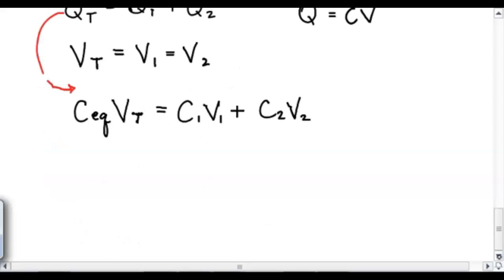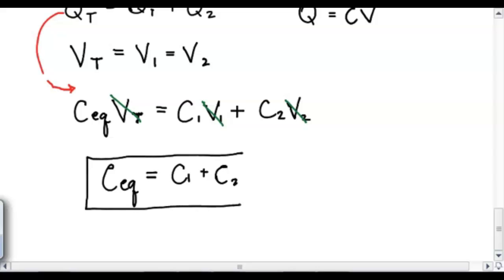And mathematically, what can happen in that equation? Yeah, I can divide by the voltages because they're all the same. So then I'm left with the equivalent capacitance is C1 plus C2. What does that look like? Yeah, that looks like resistors in series, but it's capacitors in parallel. Wow.